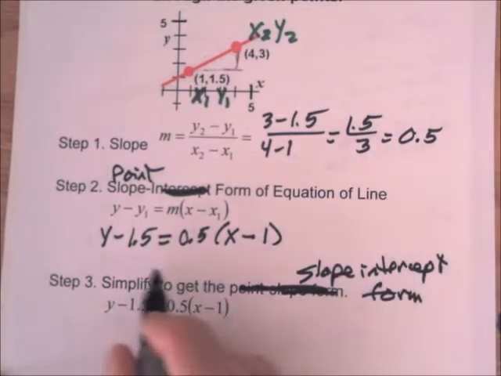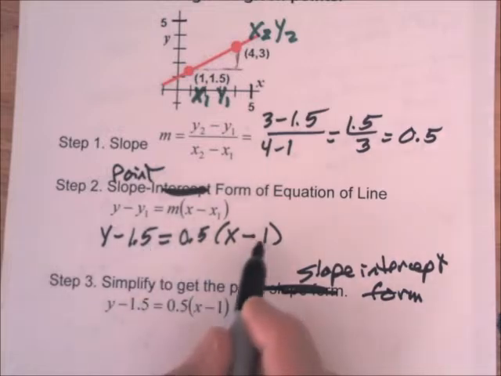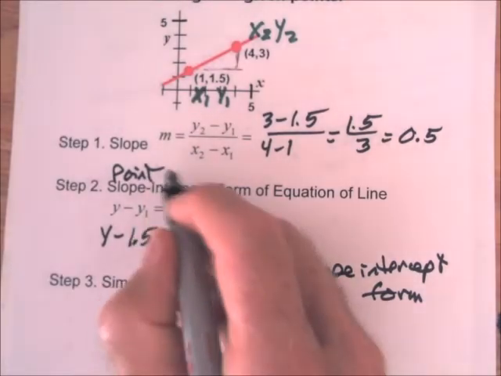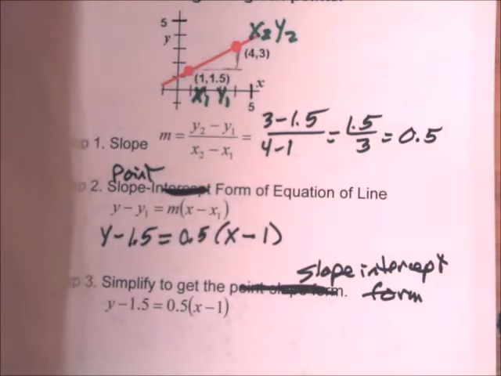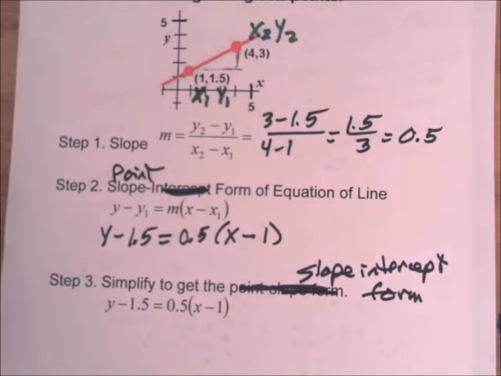It's called the point-slope form because you're given a point. Looking at the equation, you see the point 1.5, and you see the slope 0.5.